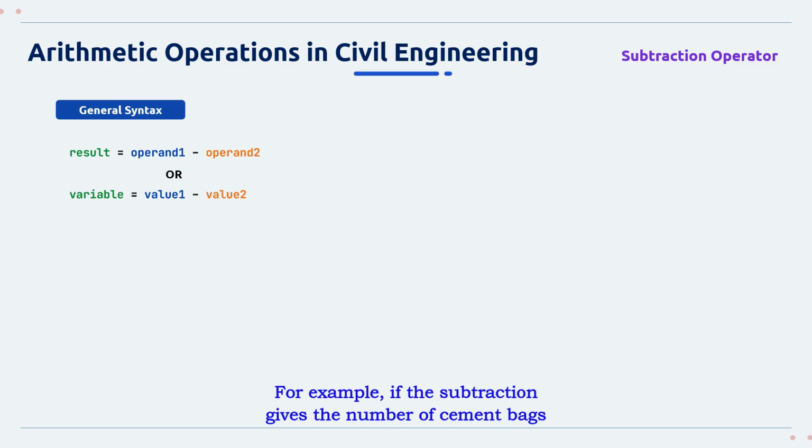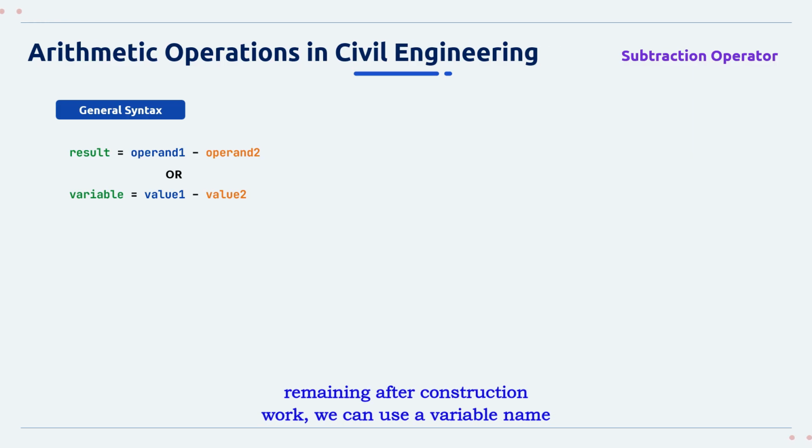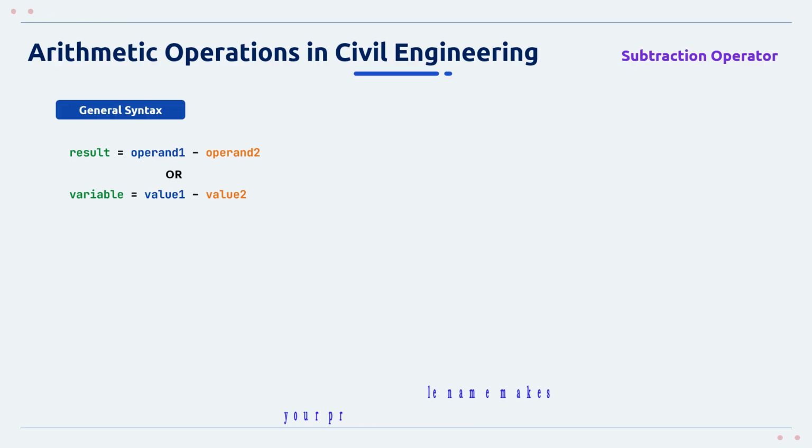For example, if the subtraction gives the number of cement bags remaining after construction work, we can use a variable name like cement_left or remaining_cement. Always try to choose meaningful variable names. A meaningful variable name makes your program easier to read, understand, and maintain.